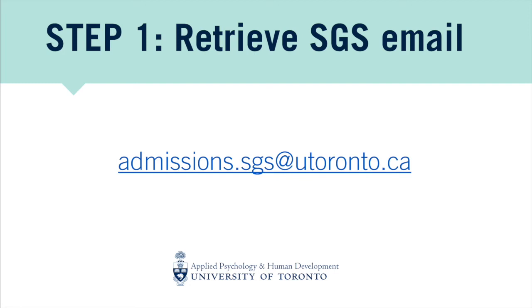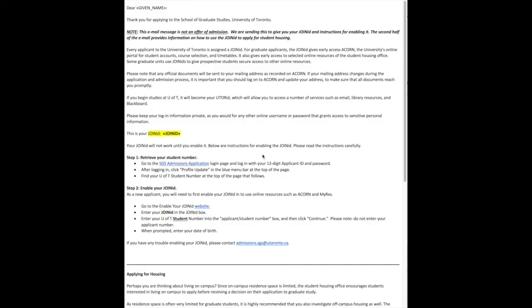To get your Join ID, first you need to retrieve the email you received from the School of Graduate Studies that contains your Join ID and instructions on how to use it. You received this email soon after you sent your application, so you might want to look for all the emails from admissions.sgs@utoronto.ca that you received in the last few months. You can see the content of this email here.